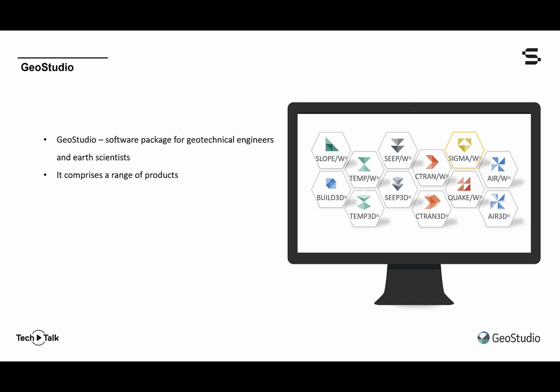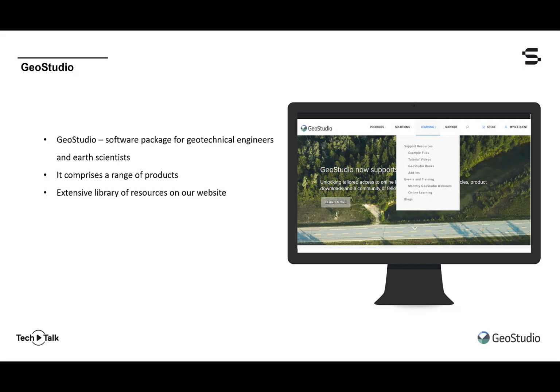Those looking to learn more about the products, including background theory, available features, and typical modeling scenarios, can find an extensive library of resources on the GeoSlope website. Here you can find examples with detailed explanations, tutorial videos, the reference books, GeoStudio add-ins, and our previous webinars and online learning materials.